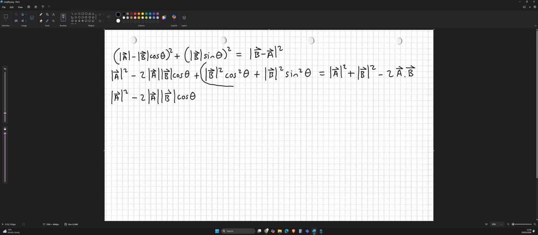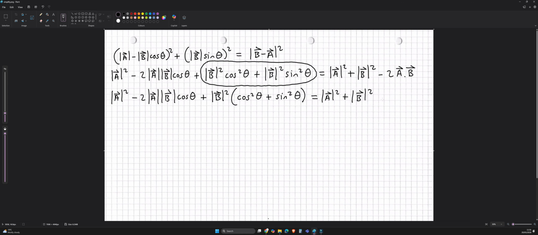Now for these two over here we can factorize. We can drag out the magnitude of b squared. So we get the magnitude of b squared multiplied by cos theta squared plus sine theta squared. And once again that's equal to this up here, the magnitude of a squared plus the magnitude of b squared minus 2 times the dot product of a and b.